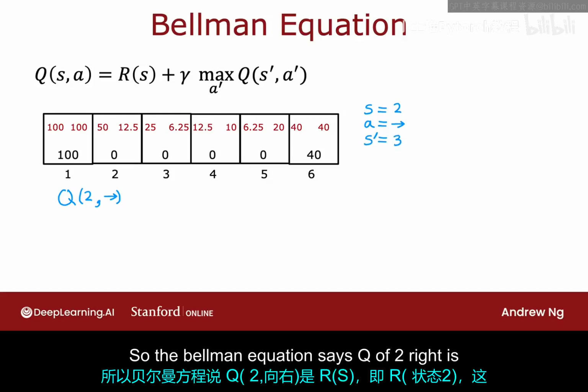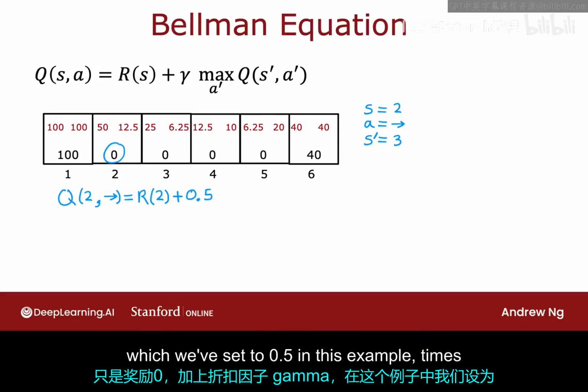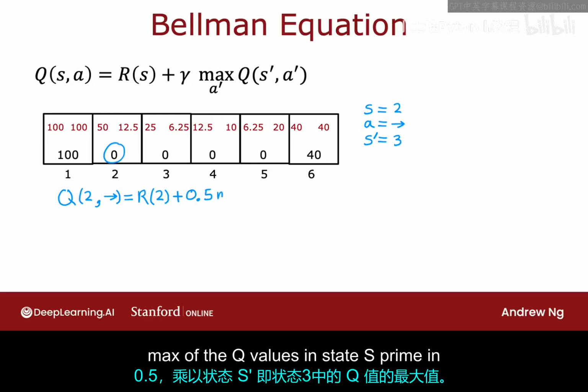So the Bellman equation says Q of 2, right is R of S, so this is R of state 2, which is just the reward 0, plus the discount factor gamma, which we've set to 0.5 in this example, times the max of the Q values in state S prime, in state 3.